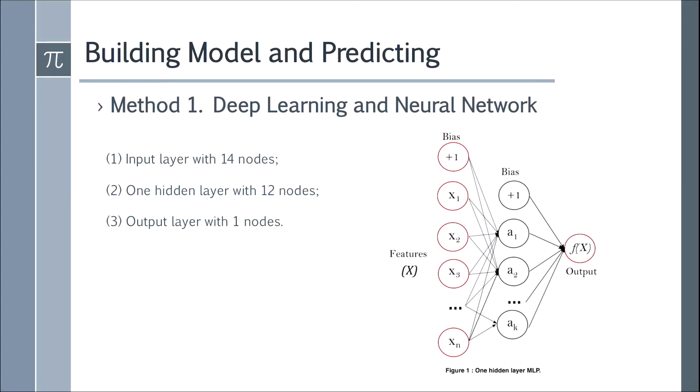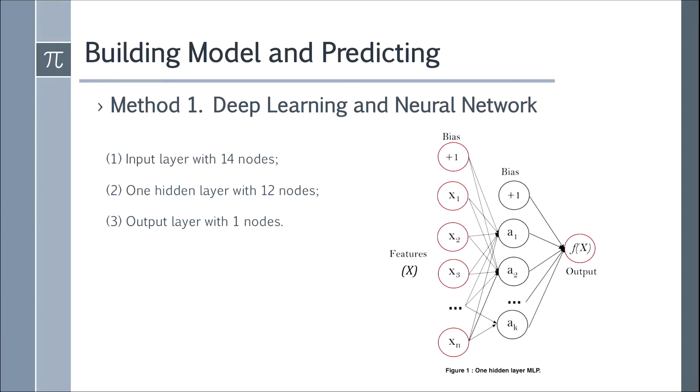So in this project, we use two different methods to build the model. Firstly, we use functions written by ourselves, and the second method is to use the built-in function to build the model. In order to build the model, we try to use the idea of deep learning and neural networks. As we can see in the PowerPoint, we have 3 layers.